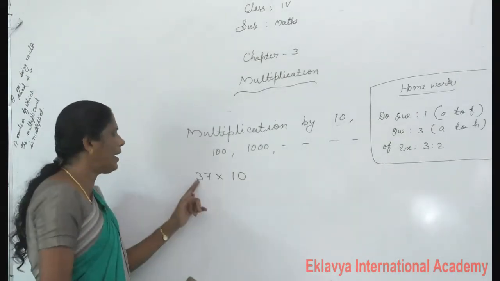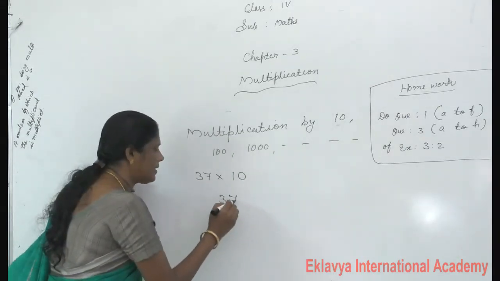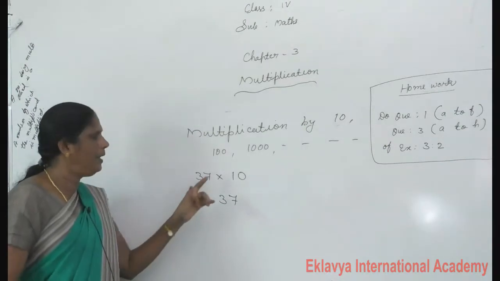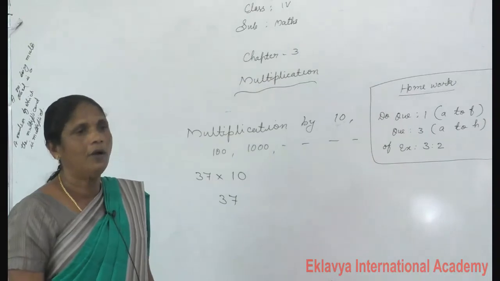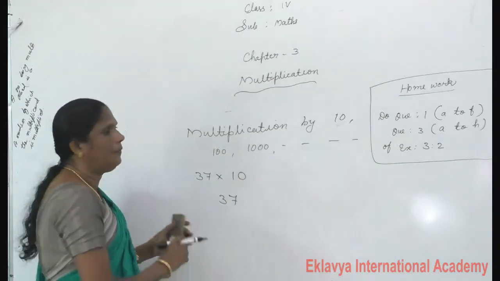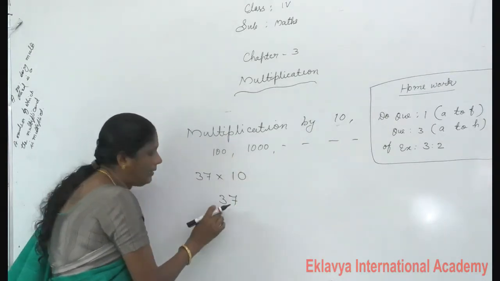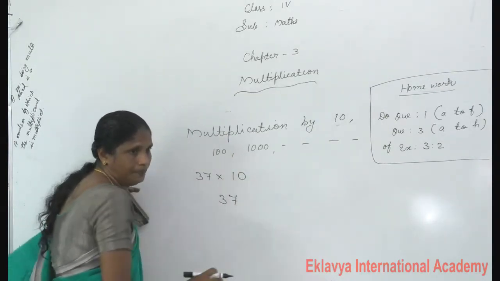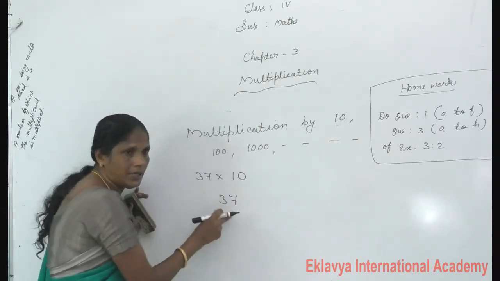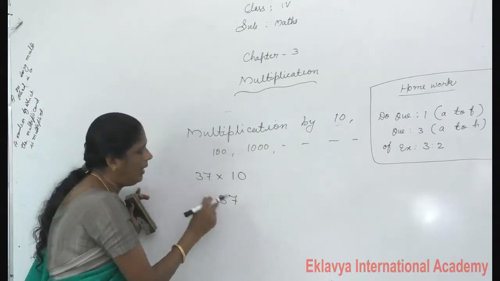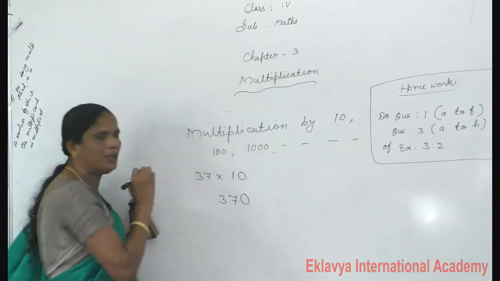First we write this number 37. Then how many zeros are in 10? 1 zero. We put 1 zero on the right hand side of the number. 37 1s are 37, the property of 1.